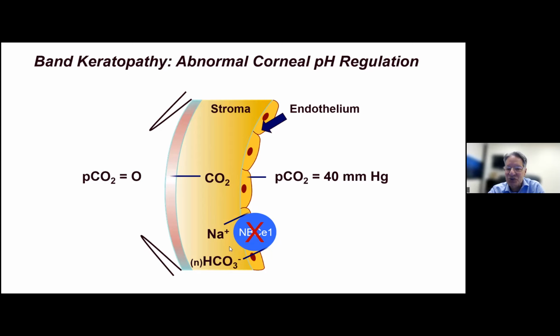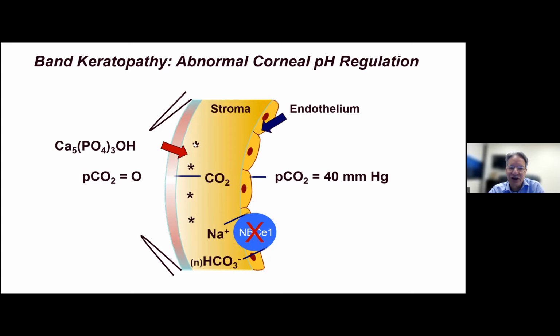But in patients without NBCE1A here, they don't have the ability to regulate the pH of the cornea and keep it as acidic as it would be. And what happens is you get calcium phosphate precipitating. Calcium phosphate is very pH sensitive. If you go above 7.4, the calcium phosphate comes out of solution.